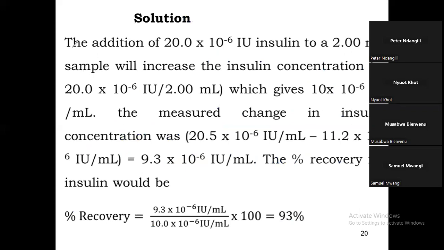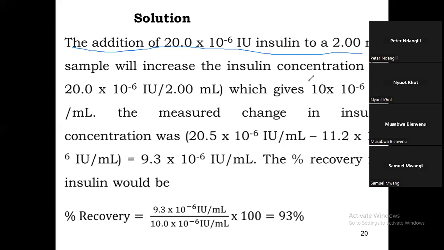When you go to that question, I have already explained that the addition of 20.0 times 10 to the power negative 6 international units of insulin to a 2 milliliter sample will increase the concentration of insulin by this factor.